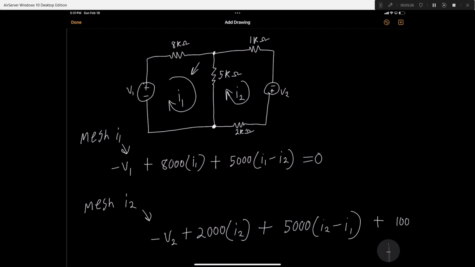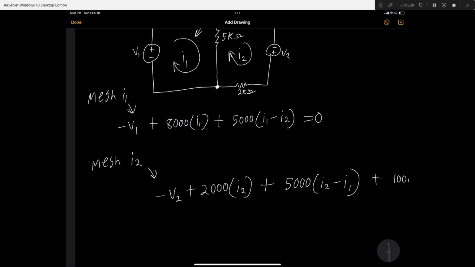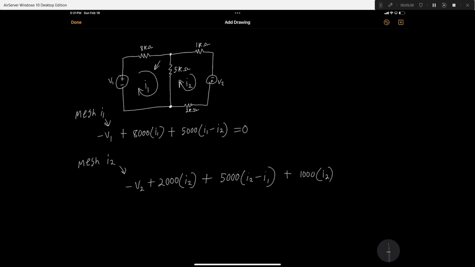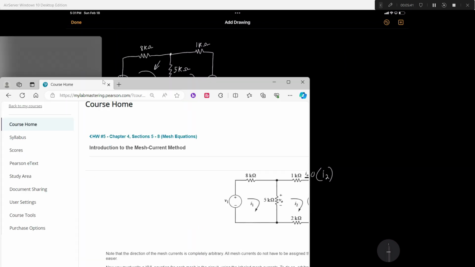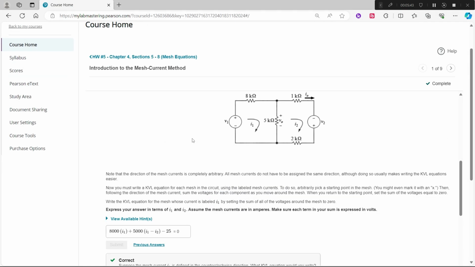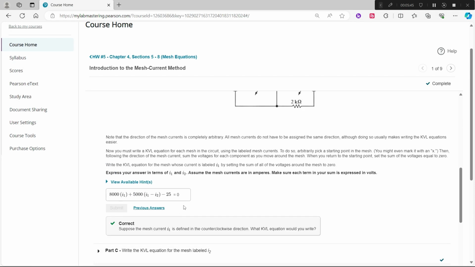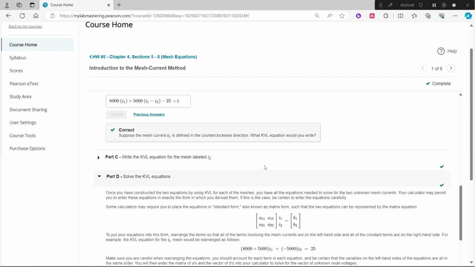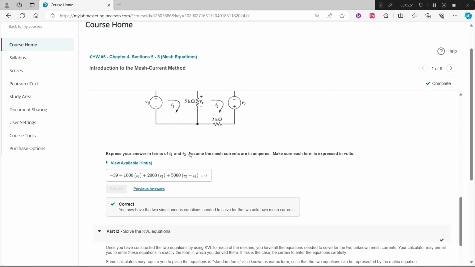And that is both of the meshes drawn up. So how it looks on the homework with the numbers substituted in, this is mesh 1 that we just did, and this is mesh 2 with the numbers substituted in for the voltages.